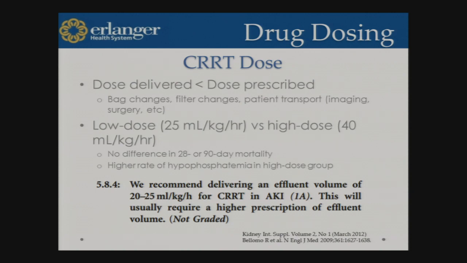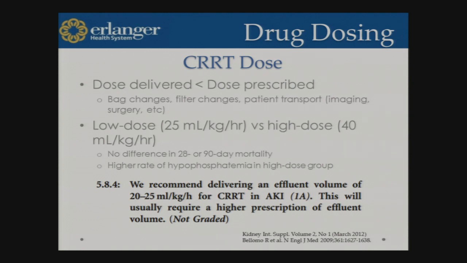There have been some studies comparing low dose CRT, which they defined as 25 mL/kg/hr, versus high dose CRT, which they prescribed at 40 mL/kg/hr, to look at mortality and adverse effects. There was no difference in 28-day or 90-day mortality between the two dosing groups, and the higher dosing group had higher rates of hypophosphatemia, as you can imagine, because their clearance was much higher.